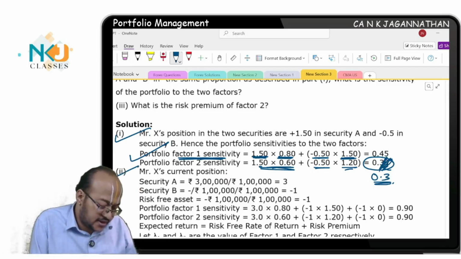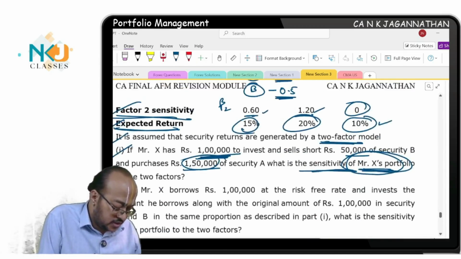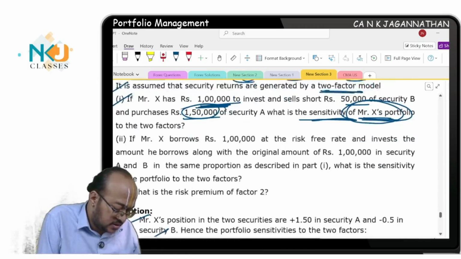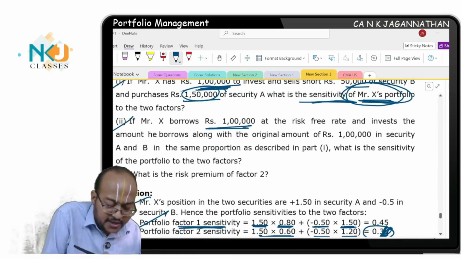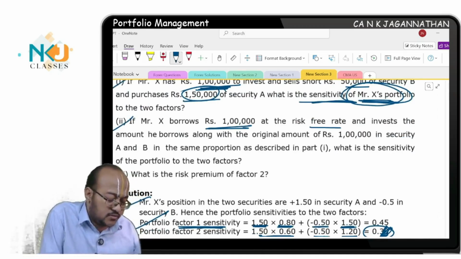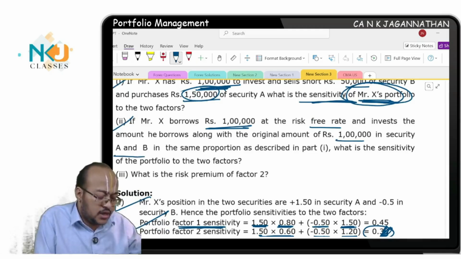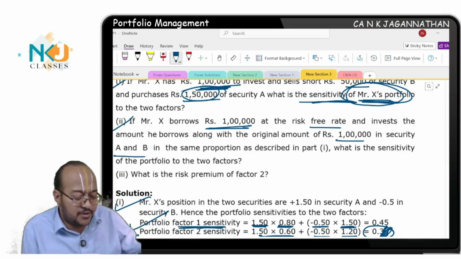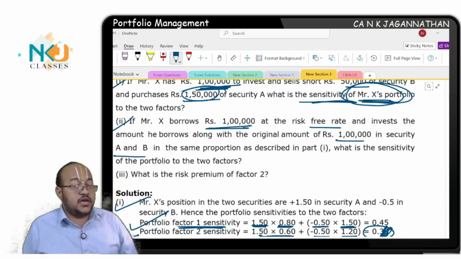Next, Mr. X's current position. What is the second part of the question? The first part stands answered. Take the second part of the question. If Mr. X borrows rupees 1 lakh at the risk-free rate and invests the amount he borrows along with the original amount of 1 lakh in security A and B in the same proportion as described in part 1, what is the sensitivity of the portfolio to the two factors? Very, very important.